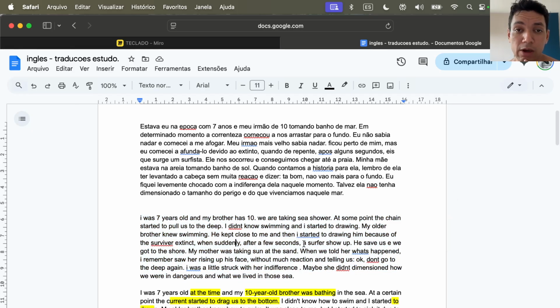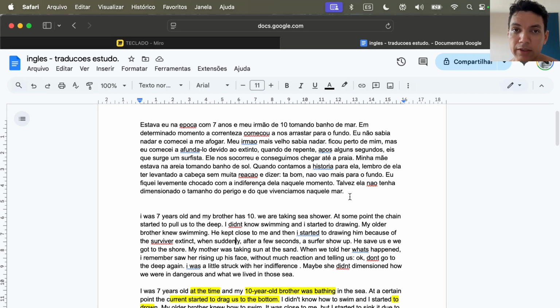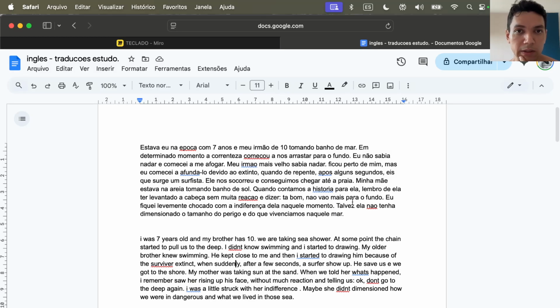And what is the main goal here? What is the idea behind this? When you write or type in your mother language, you have a large vocabulary because, of course, it's your language, and the history is going to be richer with more words.